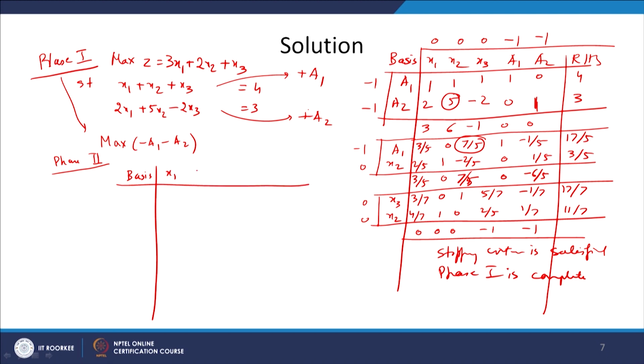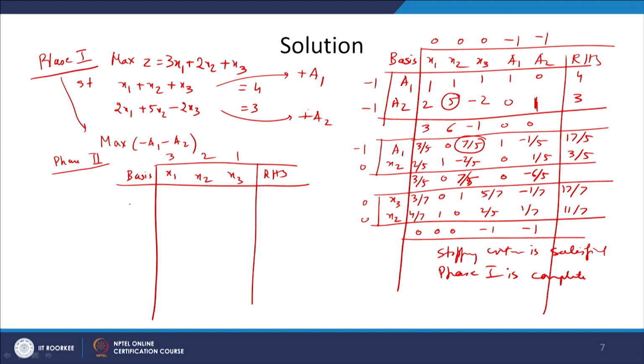So, now we are left with x1, x2 and x3 and we need not write A1 and A2 because already they have been removed from the basis. So, we will write the right hand side and the corresponding values of the objective function coefficients will be 3, 2 and 1.